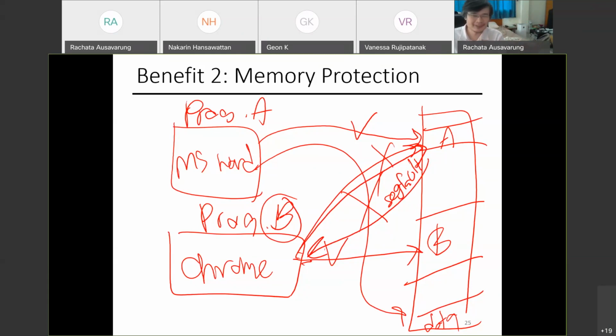And it's a good thing actually, because let's say you are trying to modify some location and you have a bug, it causes a seg fault. Without that seg fault, let's say that address is owned by Windows. Can you guess what might happen? Yes, the whole thing can crash.